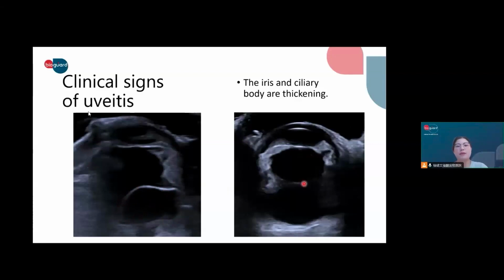Meanwhile, we can also see the thickened iris and the ciliary body when the eye has uveitis. It is often seen, the thickened iris and the ciliary body when the eye has uveitis.